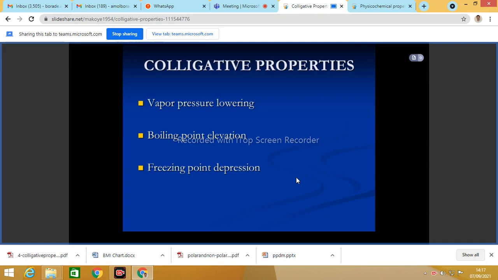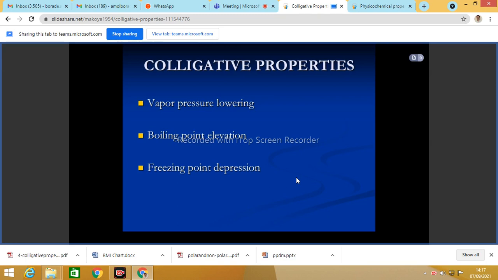Similarly, when we consider the freezing point, just now you told that the freezing point of water is 0 degrees Celsius. Now, with the presence of some solute, or with the addition of some content, the original freezing point of water, which is 0 degrees Celsius, got lowered.